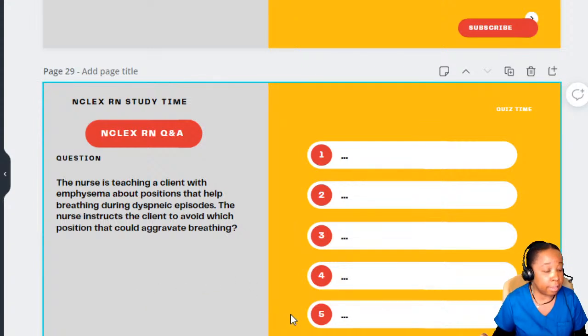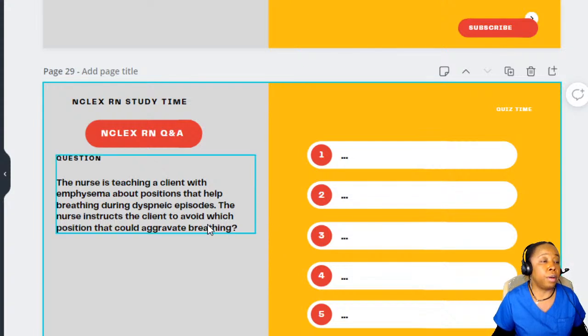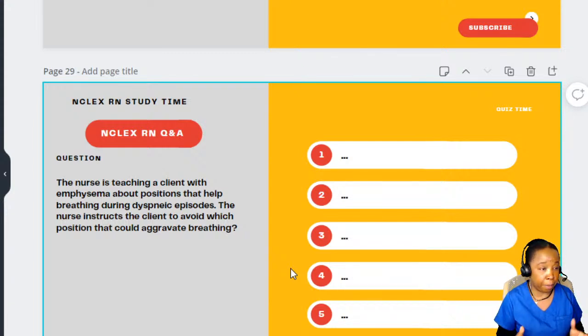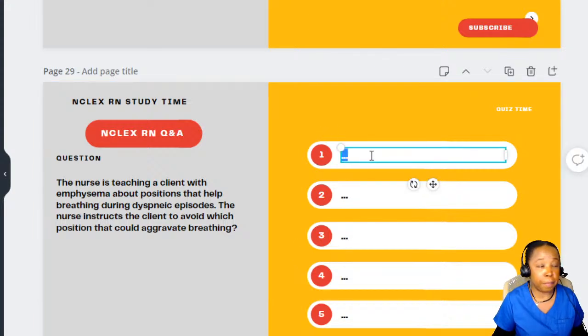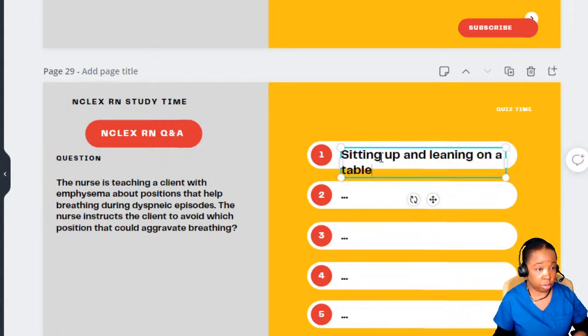That patient is an emphysema patient. That means that patient has an obstructive respiratory problem. So the nurse wants the patient to sit or lie down or stay in the best position that will help the patient to breathe better. But there's one position that, if the patient takes it, will aggravate the problem. So let me put the options here so you can choose the best one.